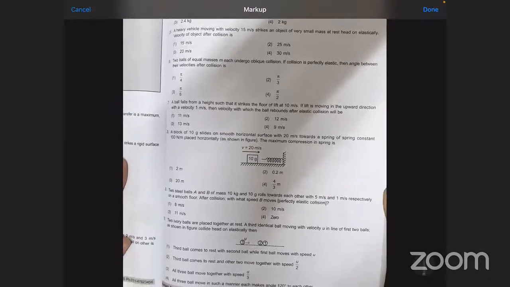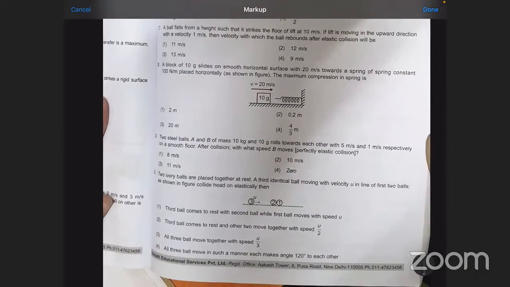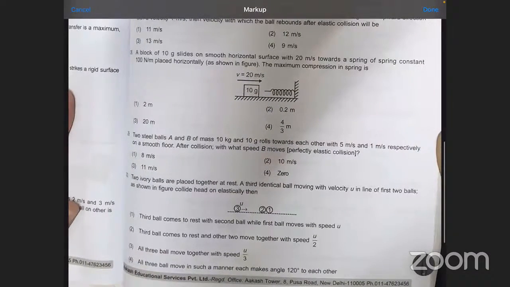Which question we were doing? This. Now copy this question, please. Question number 29. Very, very important. Copied?